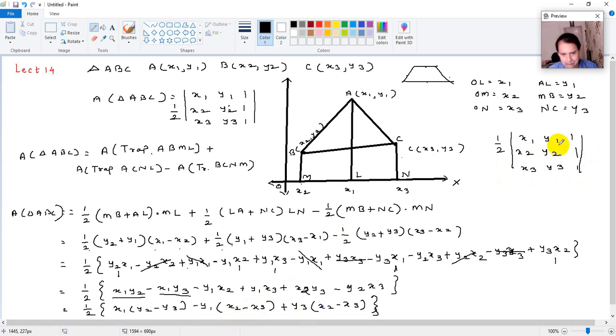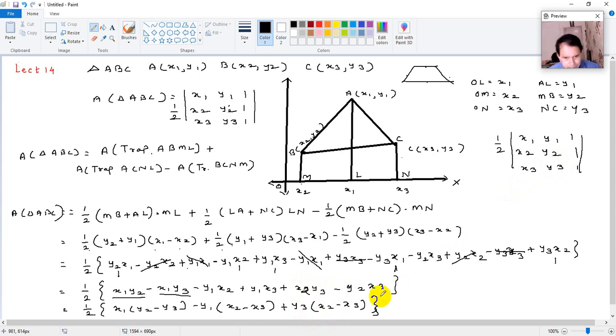Then y3 into, it is not y3 there. So when it is 1 there, now it will be x2 y3 minus x3 y2. So this is there: x2 y3 minus y2 x3.